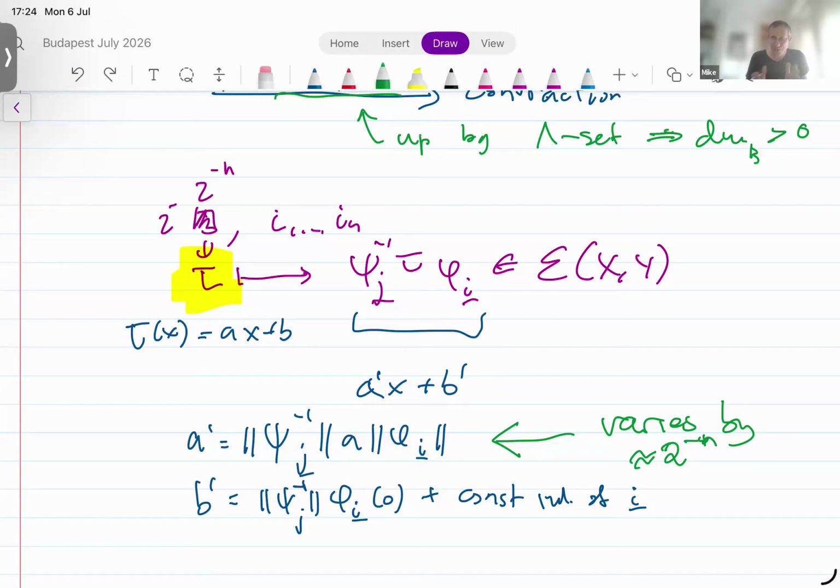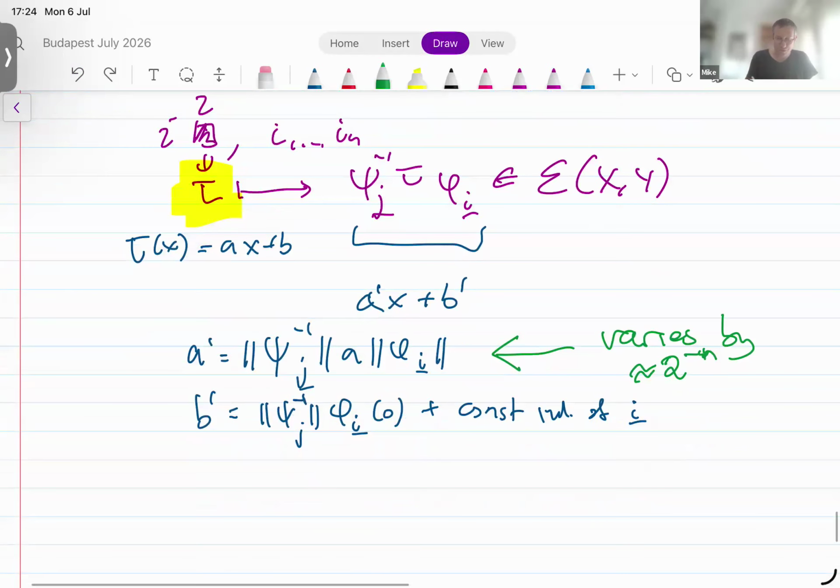This operation has been pretty much neutral, up to a multiplicative constant bounded away from 0 and infinity, on the contraction ratio. But it has not been neutral on the translation part, because psi j inverse rescales by approximately 2 to the n.